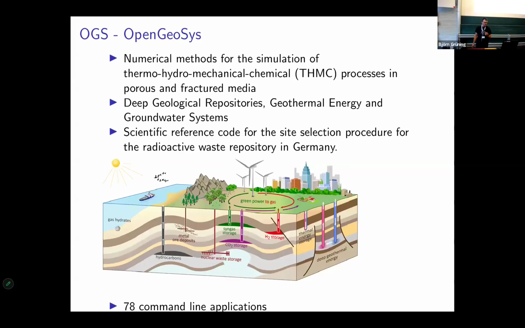So what is OpenGeoSys? I don't know the details, so I just asked the developers for an advertisement slide, and that's what I got. OpenGeoSys provides numerical methods for the simulation of hydromechanical chemical processes in porous and fractured media. So you see, I have no idea.